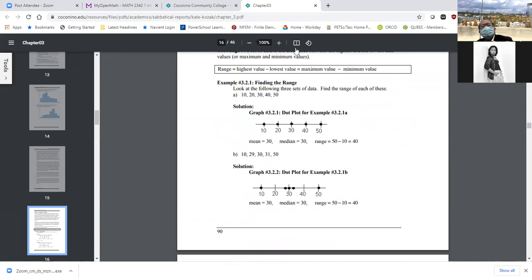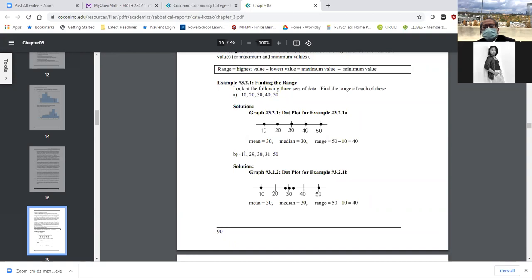And the same thing for this one. The minimum is 10, the maximum is 50. Yeah, so we can see here the median is the same. The range is 40. Yeah, this one is the same thing, right?